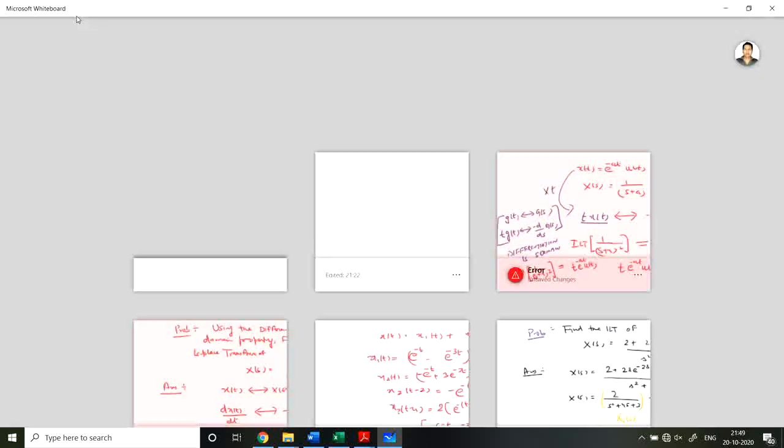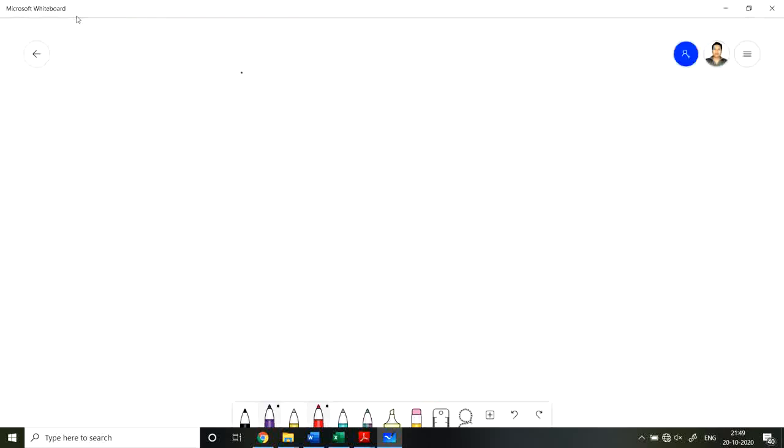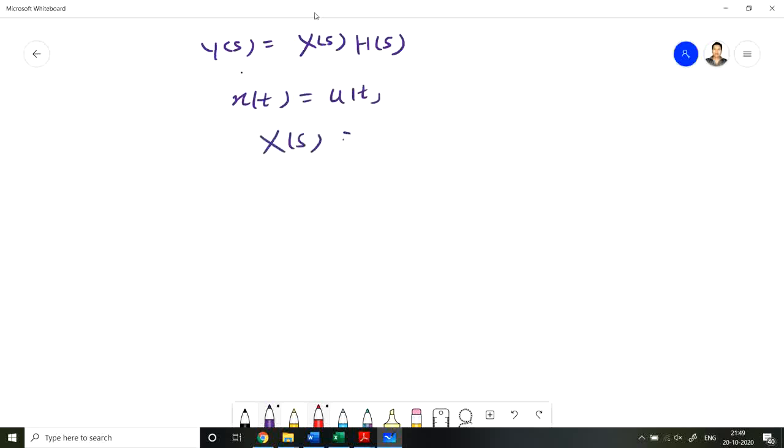So what we will get here? We will get Y(s) is equal to X(s) multiplied by H(s). We have x(t) equal to u(t), then X(s) is 1 by s, and the ROC is real part of s greater than 0. Please check this.